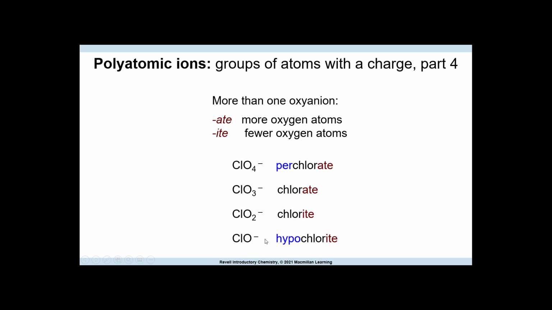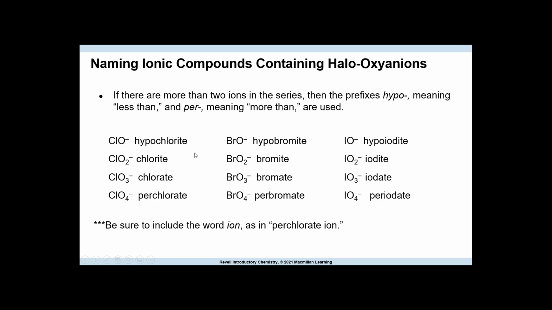Now this is chlorine, but this also follows the rules for bromine and iodine, which are also halogens. I pulled this from my other slides because your book didn't give this to you. It follows the same rules for iodine.